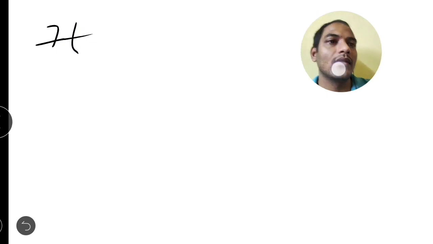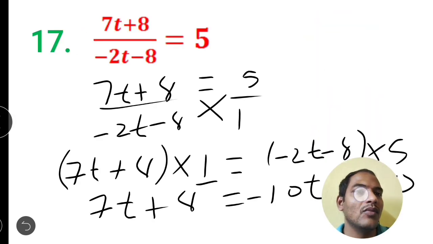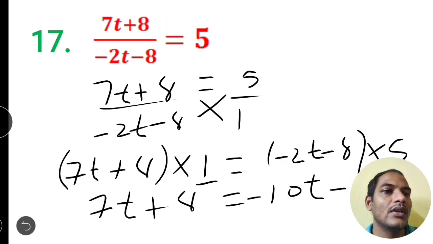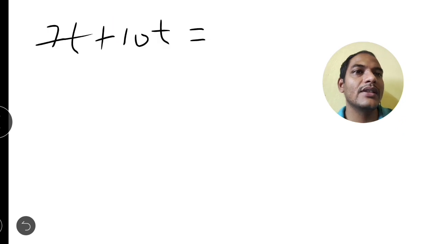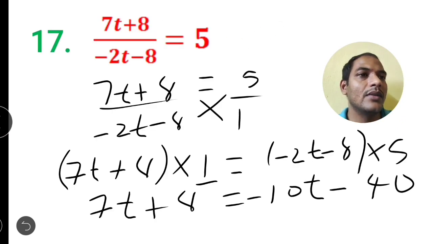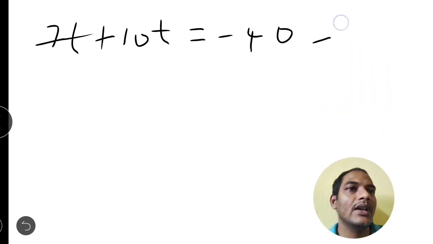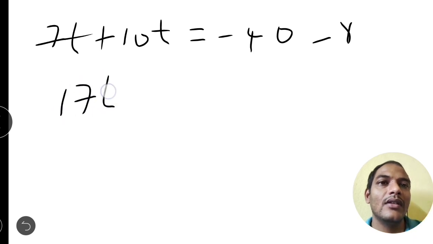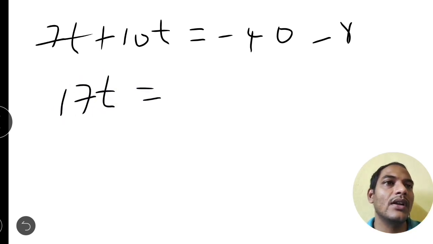So first 70, next one more variable minus 10t, so it will become plus 10t. It is equals to constant numbers: minus 40, and another constant number plus 8, so minus 8. So 70 plus 10t is 17t. It is equals to minus 40 minus 8, which is minus 48.